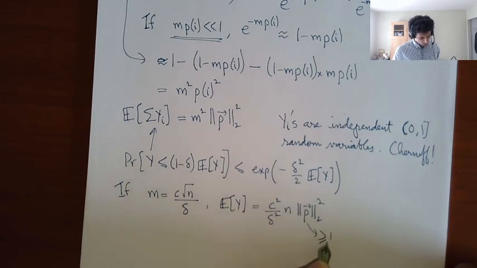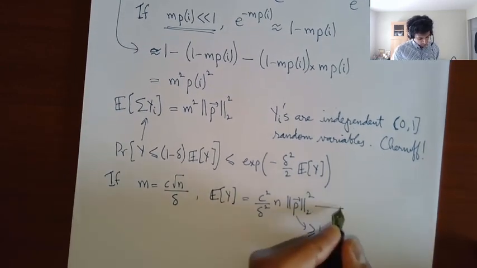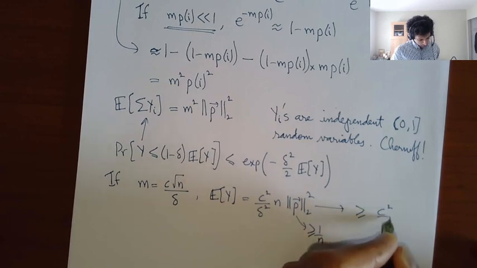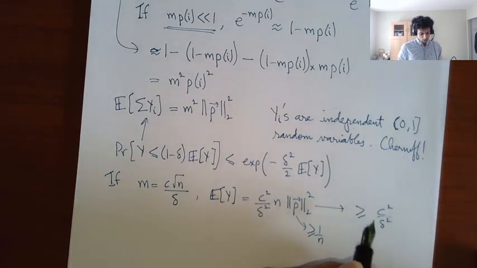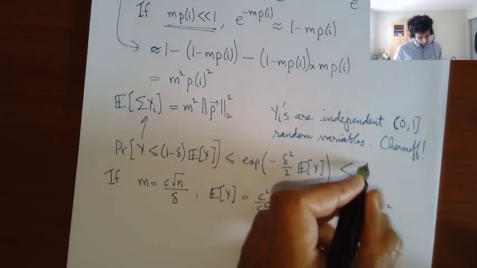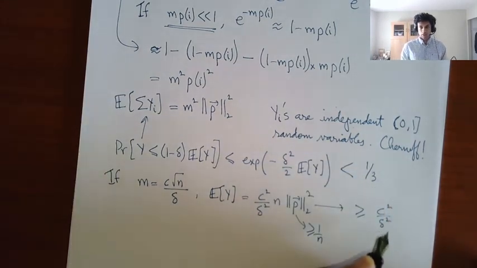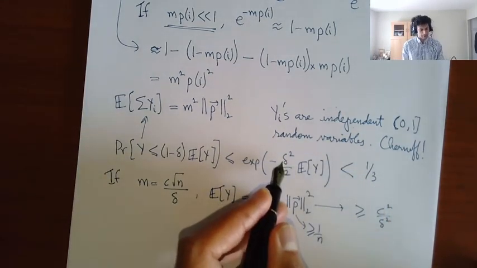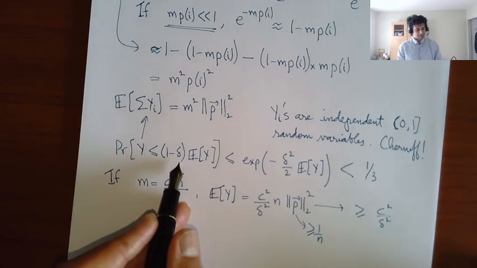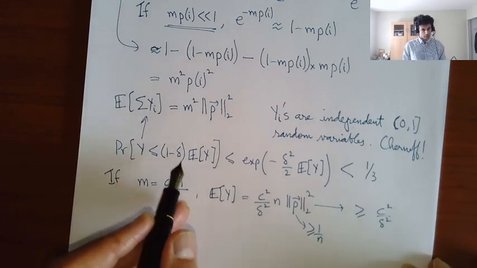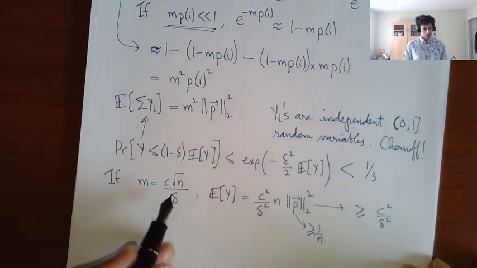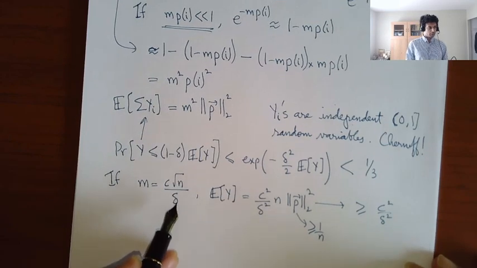This I know is at least 1 over n, and therefore this is at least c squared divided by delta square. When I plug this back in over here, I'll get this is less than 1/3, because the delta square cancels out with the delta square. So I can get a 1 minus delta approximation for this expectation using root n over delta samples, not root n over delta square.